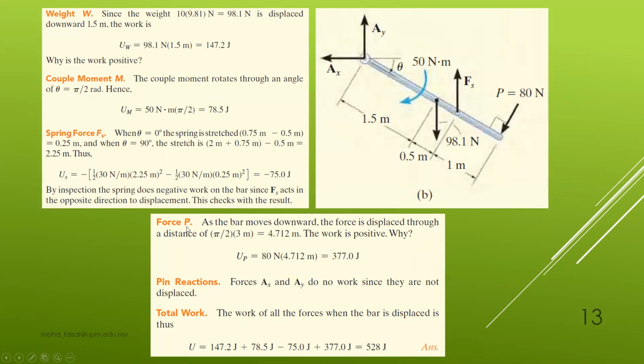So as the bar moves downwards, the force is displaced through a distance of pi over 2 times 3 meter, due to the force. Then this is the calculation of it.